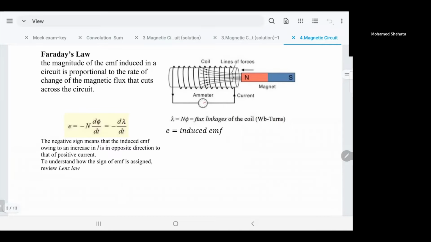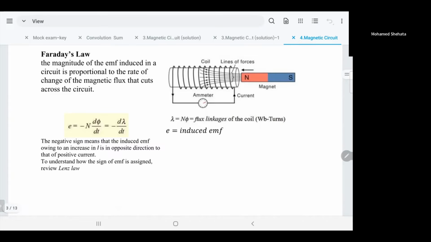So what's happening? As we said, in our universe, everything reacts in the same way, but under different variable names, but the same thing. So when you are moving the magnet or the coil, the number of magnetic flux lines going towards the coil is increasing.